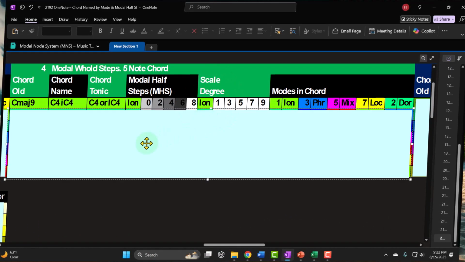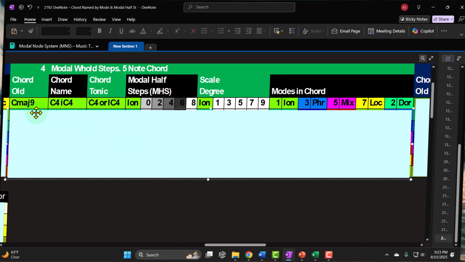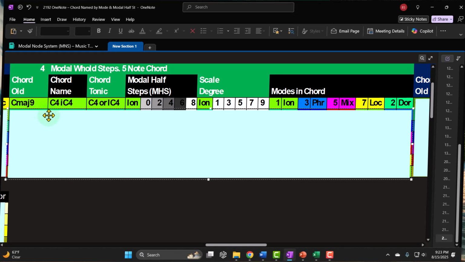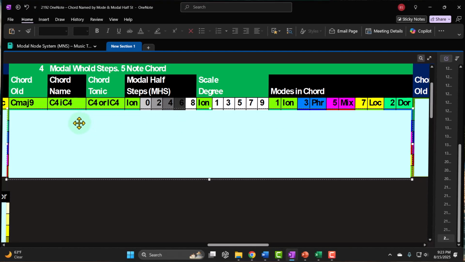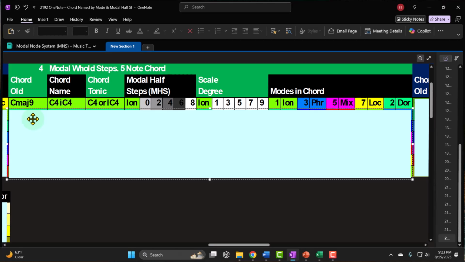All right, what if we had a 5-note chord? Then I'm going to make that 5 shades of yellow green. So we could call that then a C major 9. Now the 9 again, they kind of made up a 9, right?